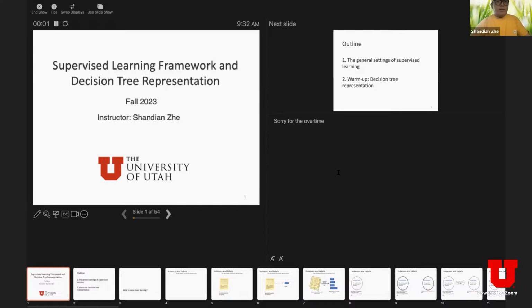The second rule is represented by the second path: color is blue and the shape is square, then the label is A. The third path represents the third rule: color is blue, shape is circle, the label is C. So you can see that you can also represent the decision tree as a union of rules, a set of rules.